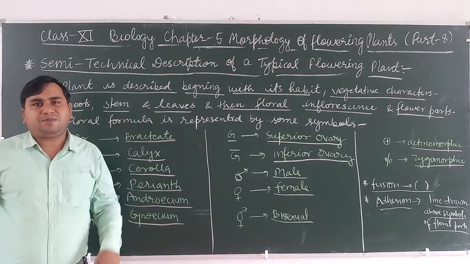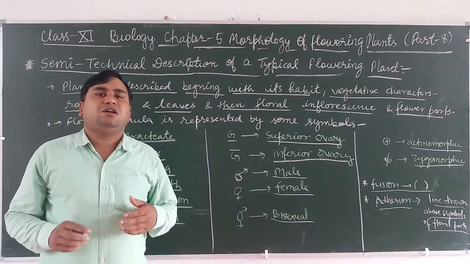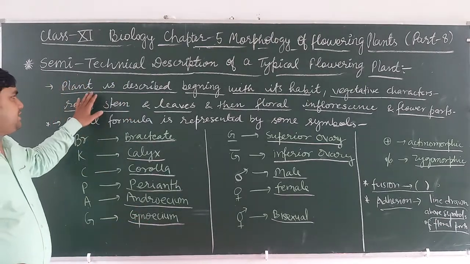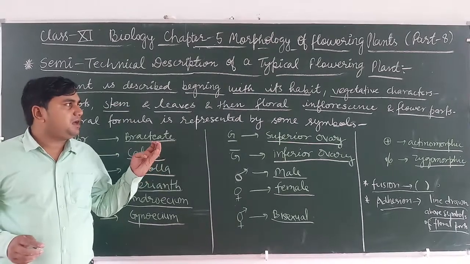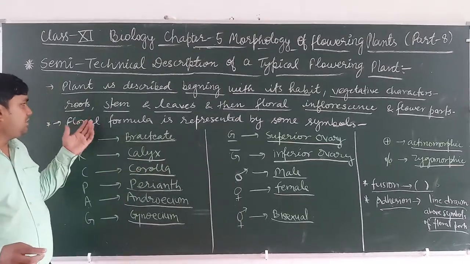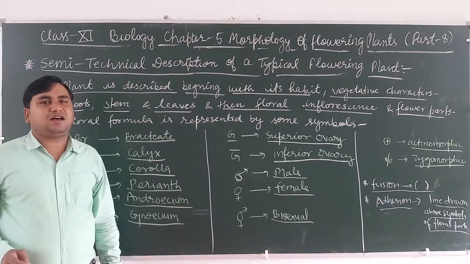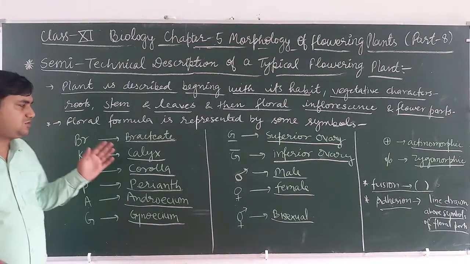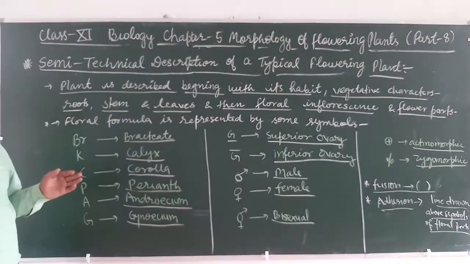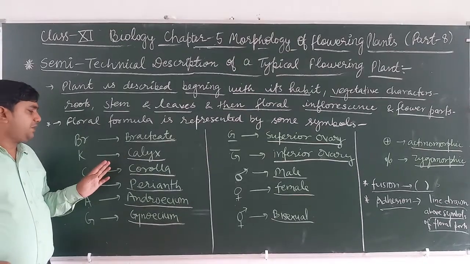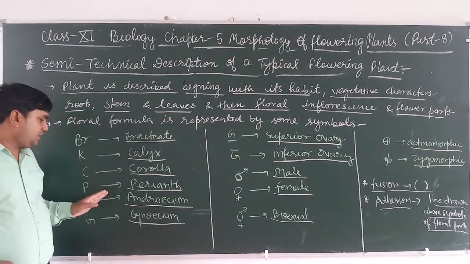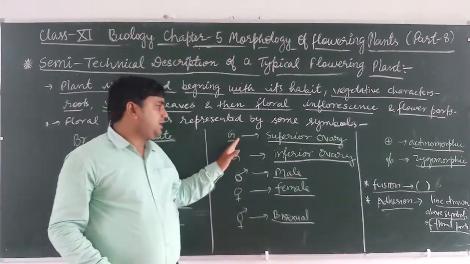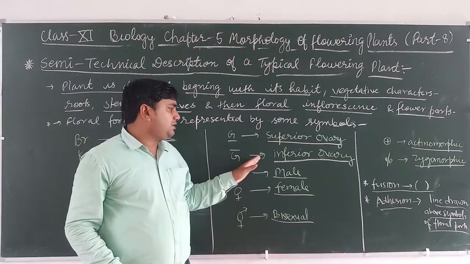Flowering plants have different characteristic features for describing their morphological characters. A plant is described beginning with its habit, vegetative characters, root, stem and leaves, then inflorescence and other floral parts. The floral formula is represented by some symbols, which you can also see in your textbook: Br bracteate, K calyx, C corolla, P perianth, A androecium, G gynoecium, G with a line below superior ovary, G with a line above inferior ovary.